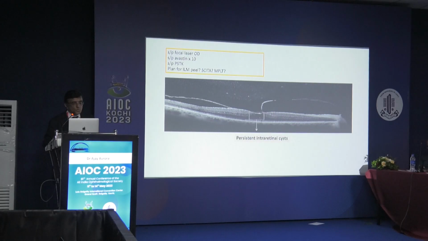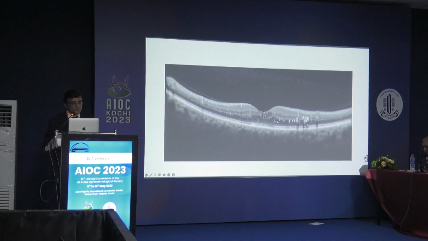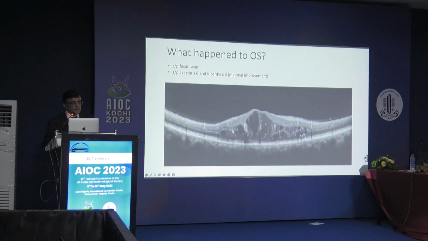We can also show if there is a persistent intraretinal cyst with a vitreomacular traction, and we can show hard exudates. Please notice that with the hard exudates, there is a shadowing behind. You can show the posterior hyaloid. You can show the hyperreflective foci or hyperreflective dots, which are less than 30 microns, and hence they don't have any shadowing behind.